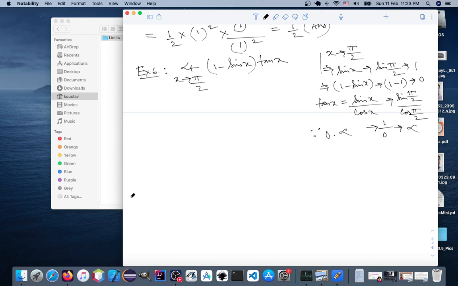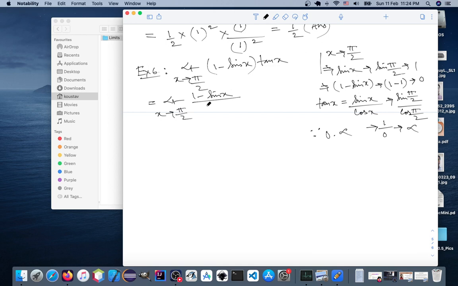Now what we can do? Since 0 by 0 is the standard indeterminate form, let's try that. This equals, x tends to pi by 2, let's keep 1 by sin x intact.